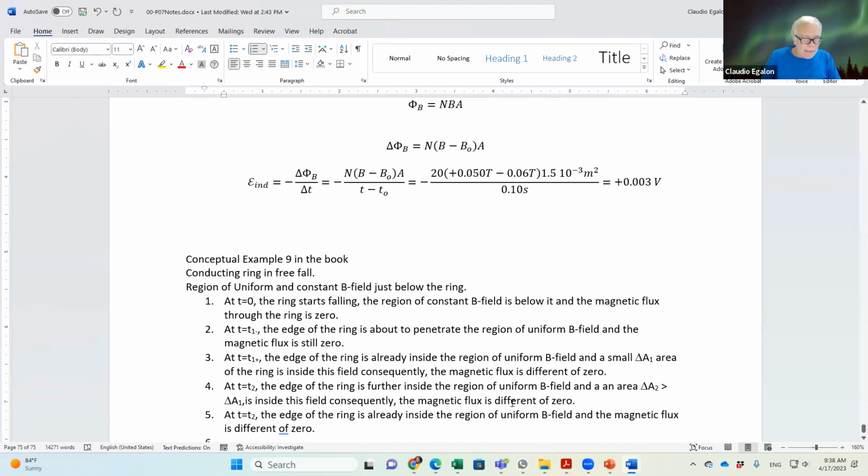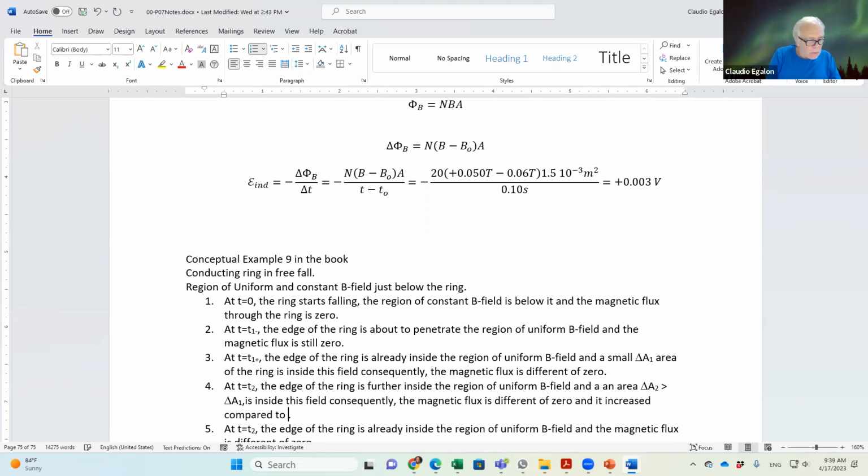Consequently, the magnetic flux is different from zero, and it increased compared to its previous value.